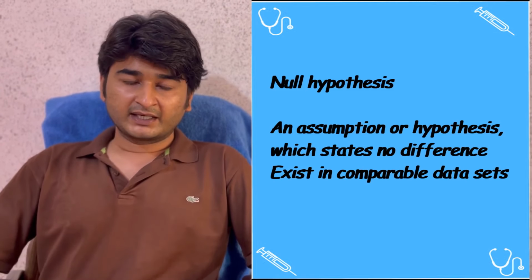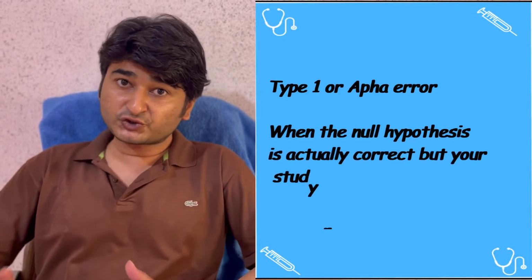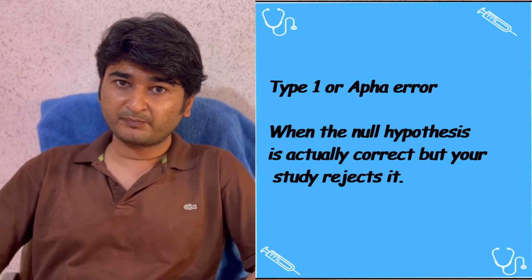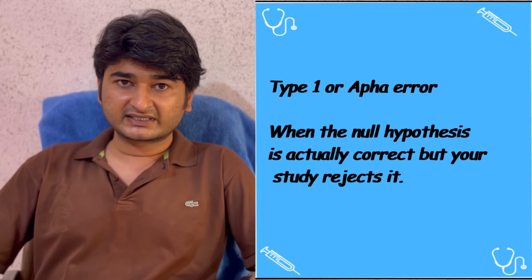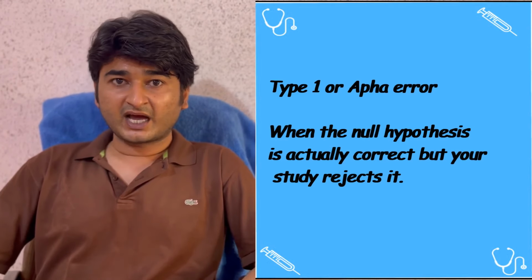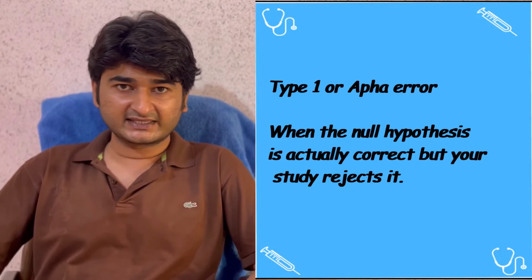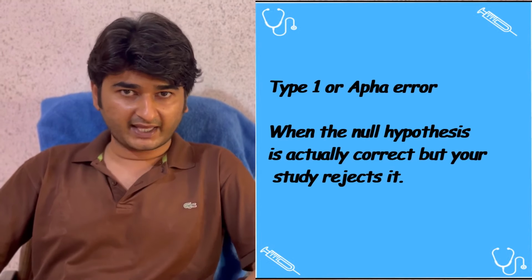In an alpha error, the null hypothesis is actually true, meaning there is no relationship between those two people, but in our study they said there is a relationship. This is a fake result, or we can say a wrong result. So this is called the alpha error.